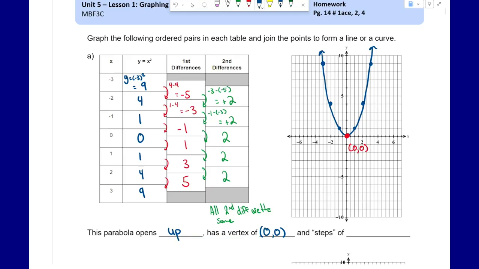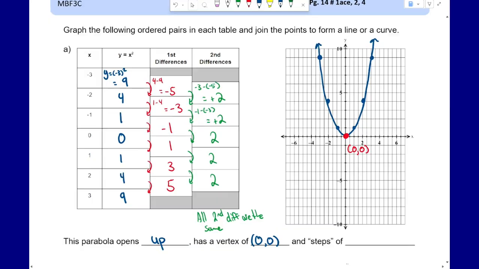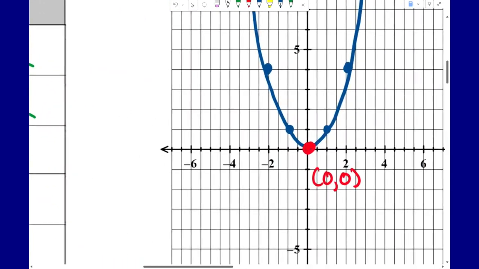And when we talk about the steps, you may have looked at the step pattern in grade 10, but when we zoom in, it'll be easier to see what the steps are. So we start at 0, 0. We start at this point here. And what the steps are, when I move left or right 1 unit and then go up to my graph, how big of a step up is that?